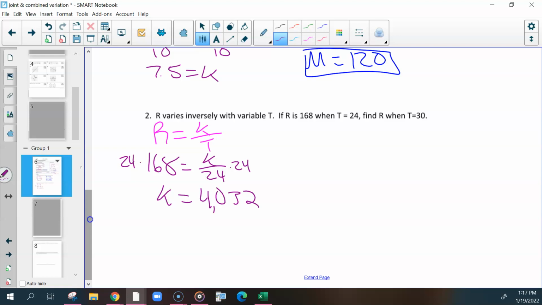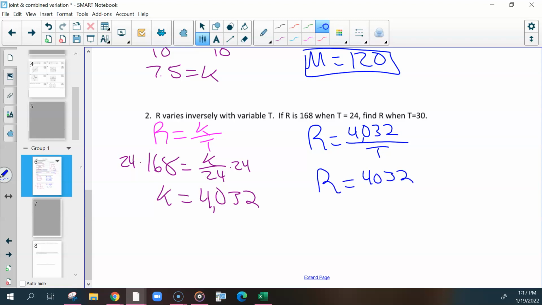Right, so now we have our k value, so we can put that back into our equation. R equals 4,032 over t. And then put in the values they gave us. We need to find R when t is 30. Divide that, tell me what R equals.